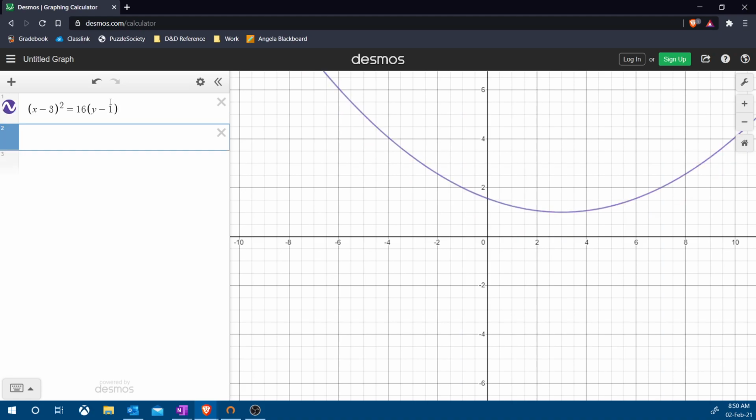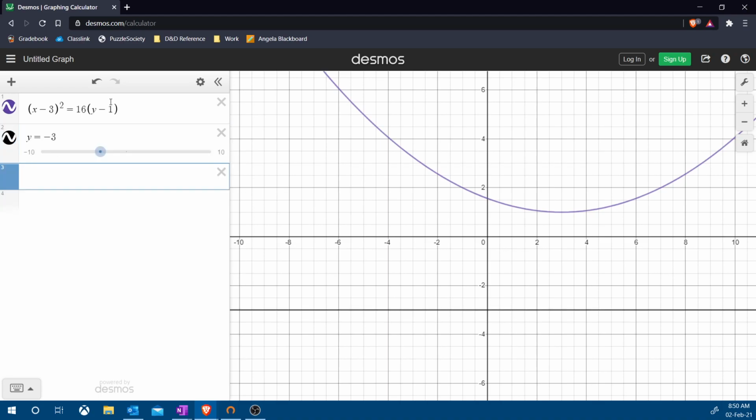We are postulating the directrix is y equals negative 3. We are postulating that our axis of symmetry is x equals 3. And we said our vertex was (3, 1). 1, 2, 3, 1, that's good.